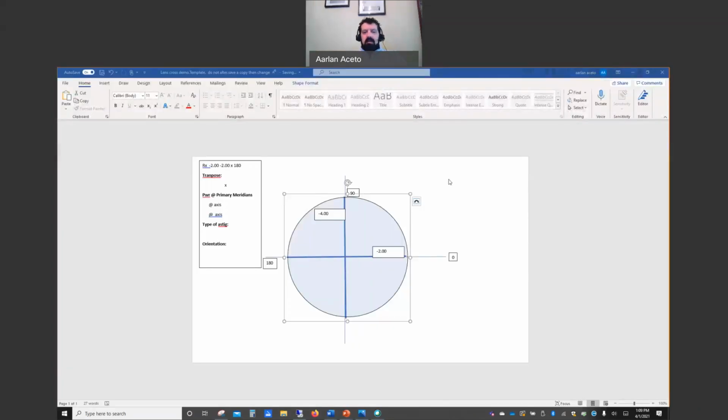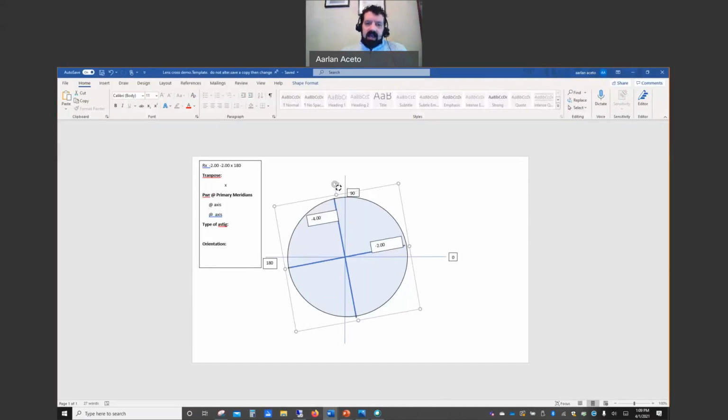So what I wanted to point out is, when we talked about Unit 6 and we're doing with the rule, against the rule, I wanted to show you this little lens cross assignment that we had. This is what we're doing in lensometry. Let's say I had a lens that was a -2 sphere with a -2 cyl, -2, -2.